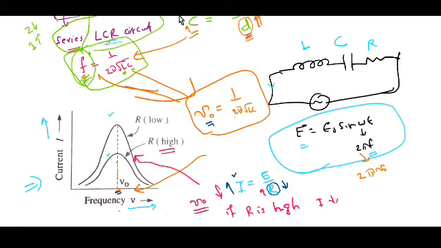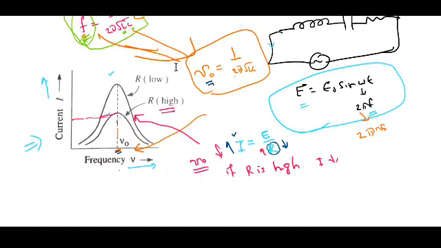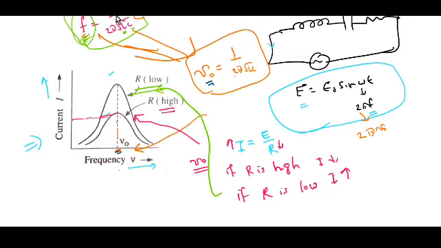When R is high, the current is this smaller value. Now in the second case, if R is small or low, the current I is larger. That is noted here. When R is low, then the current has a larger value.